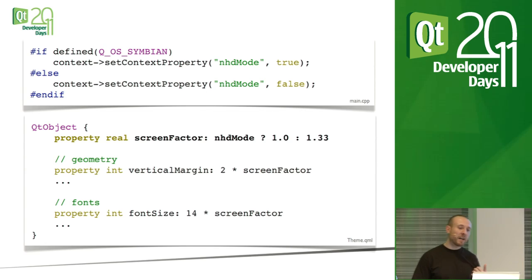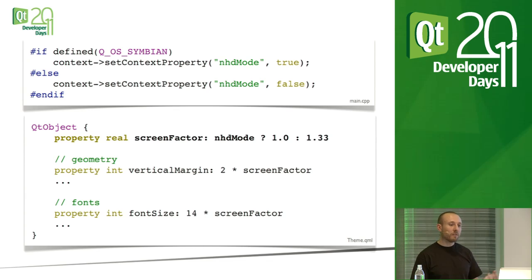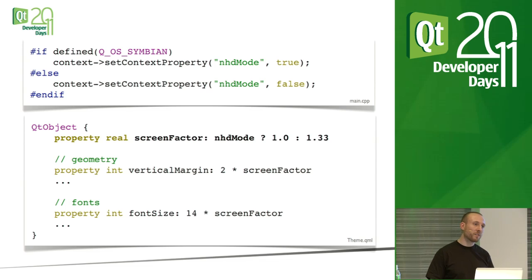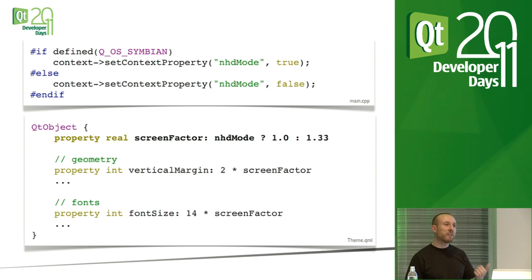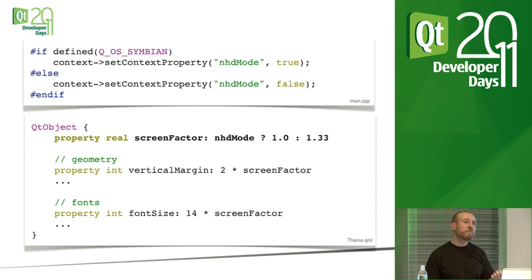We're exposing a context property to QML, and in QML, we have an object where we have properties for various things. And the thing is that we have a very strict rule. In every other object in our QML file, we are not allowed to have hard-coded values. If you're using values, margins, positions, font sizes, whatever, you will have to use values specified in what we call the theme object.